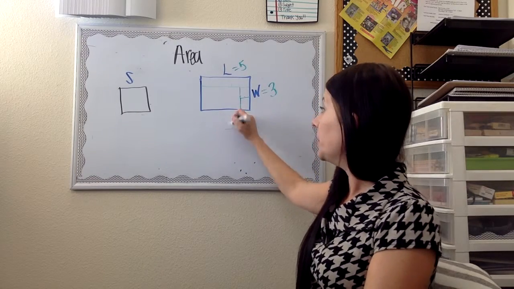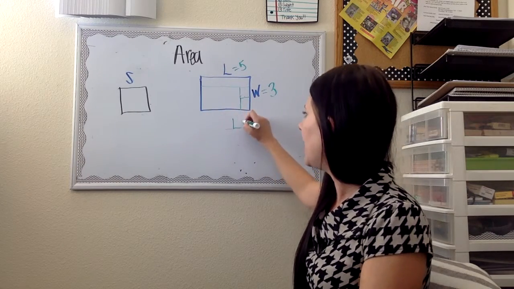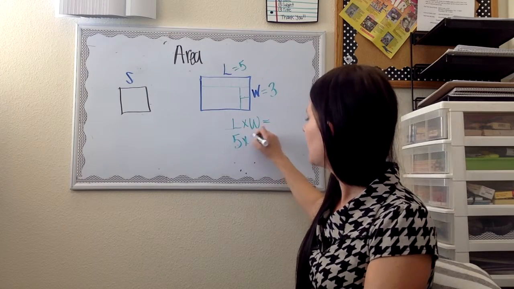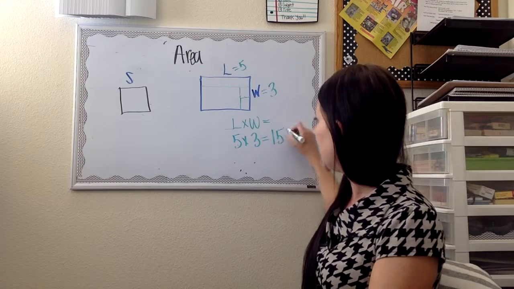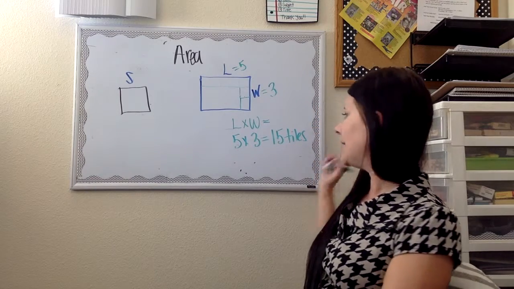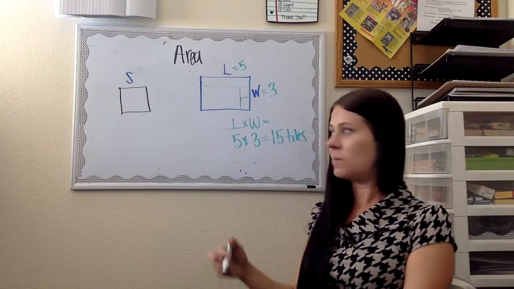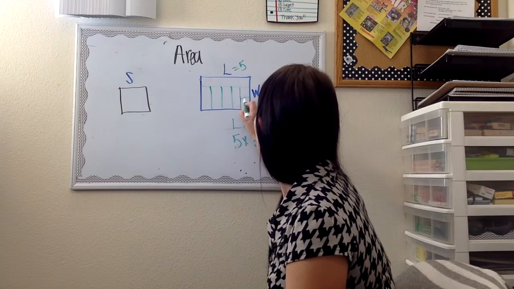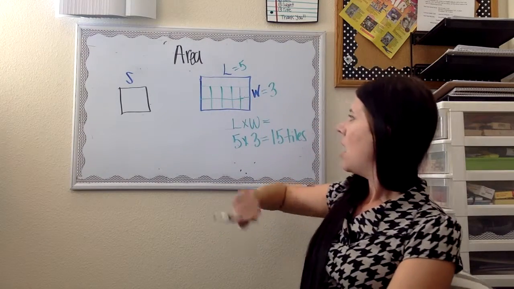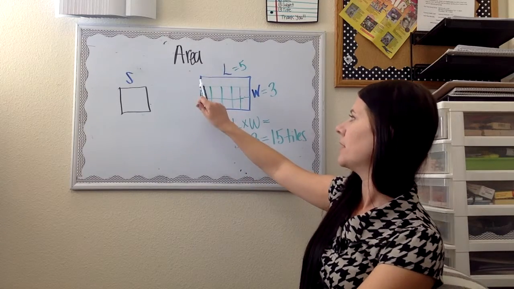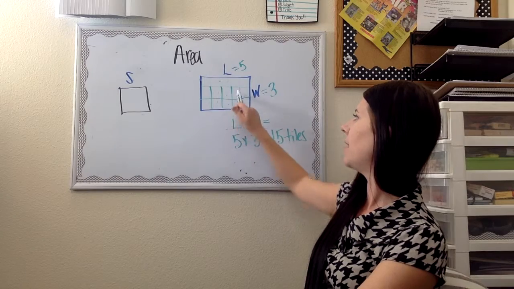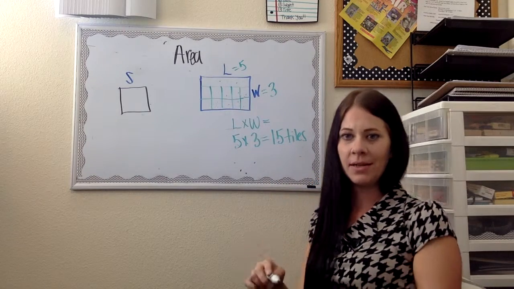Well, what we do to find the inside is we do length times width, and we know that 5 times 3 is 15 tiles. So I would need to buy 15 tiles to fill this space. And if you want to check that my math makes sense, I extended the problem, and let's count our tiles. So 1, 2, 3, 4, 5, 6, 7, 8, 9, 10, 11, 12, 13, 14, 15.